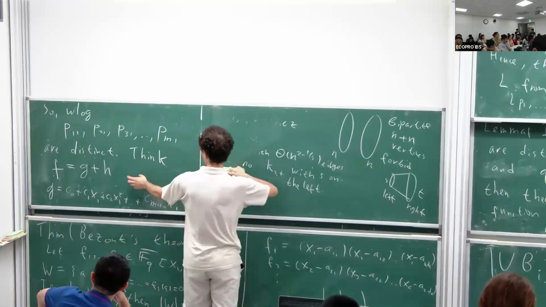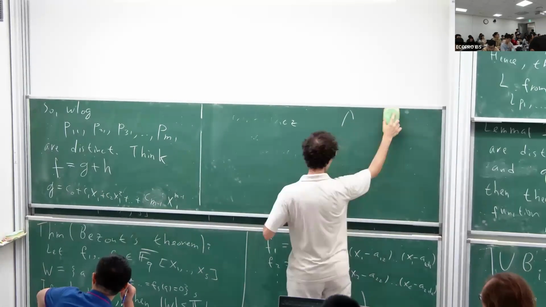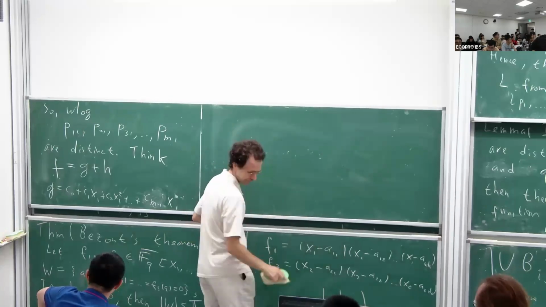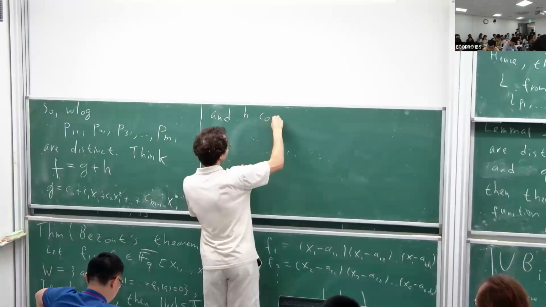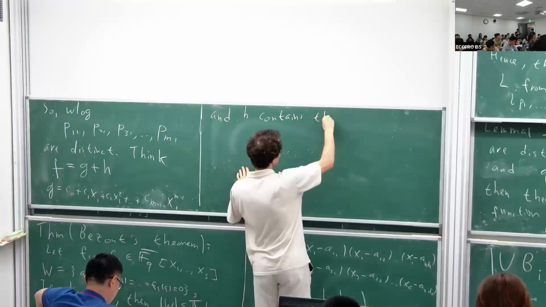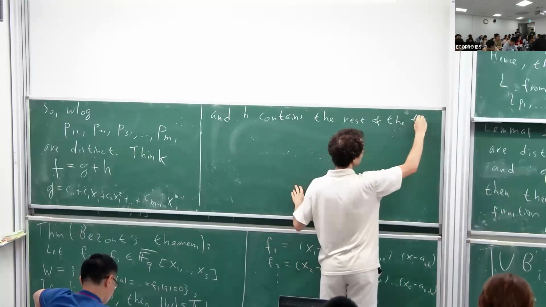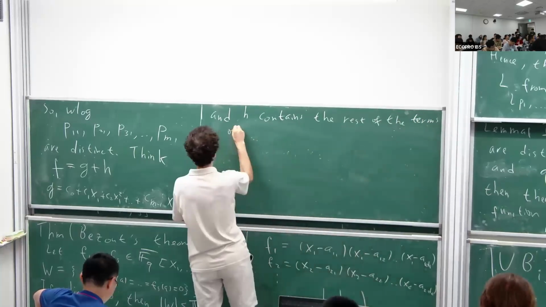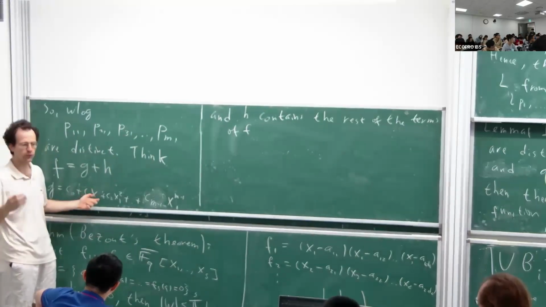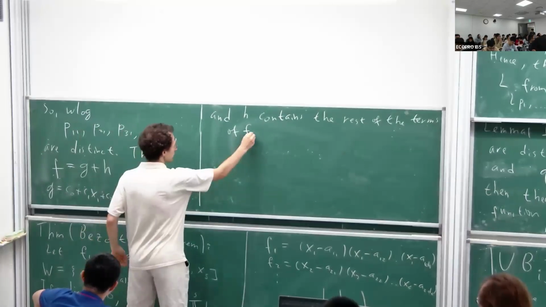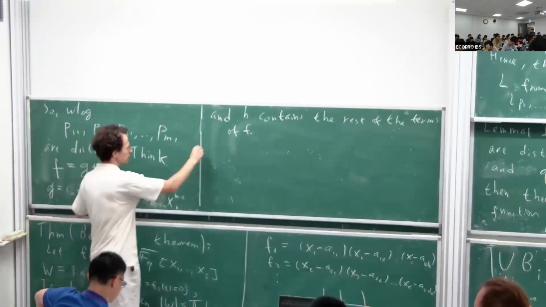So most of the terms are in H, because f is a huge polynomial. In particular, H contains all the terms which involve variables other than x1. Okay. Then I'm going to think of first picking H at random.